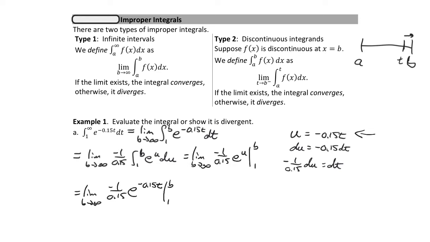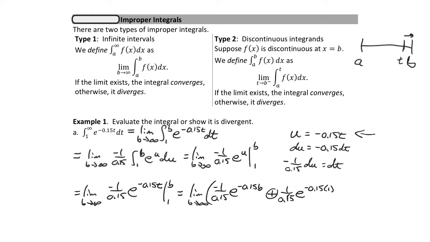Now we'll substitute. We have the limit as b goes to infinity of negative 1 over 0.15 e to the negative 0.15 b, when t is equal to b. And then we subtract all this, but because I'm subtracting a negative, I'm really adding 1 over 0.15 e to the negative 0.15 times the lower limit, which is 1.